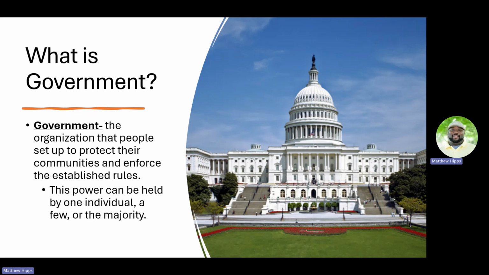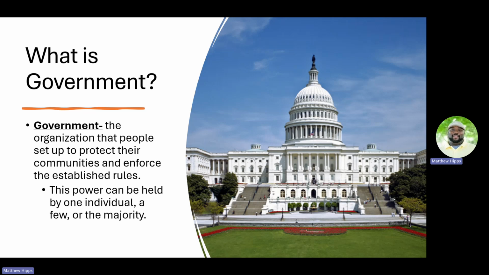So if we say we're going to set up a society where people have to treat each other kindly and nobody can steal from each other and no one can murder anybody, we need to then set up structures that help us to enforce those rules. So if no one can kill anybody, who's going to make sure that happens? So we create police.